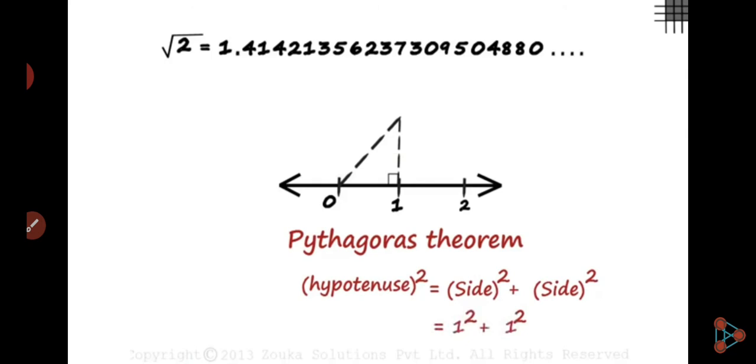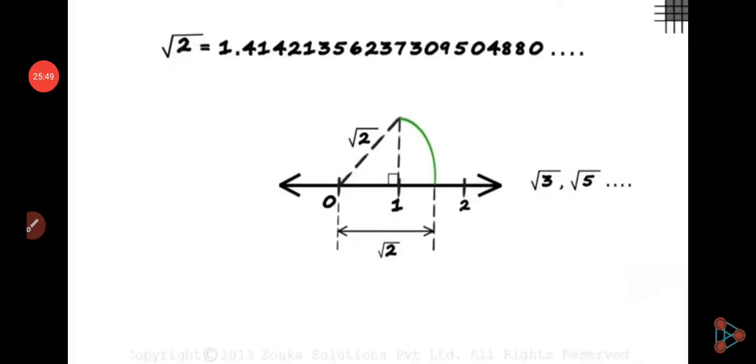You know it is a right angle triangle, so you use the Pythagoras theorem: hypotenuse square is equal to base square plus perpendicular square, or side square plus side square. Okay, understand? So students, this way you have to draw any irrational number on the number line. Suppose you want to draw root 3, root 5, root 7, then you have to draw. Okay, have a good day.